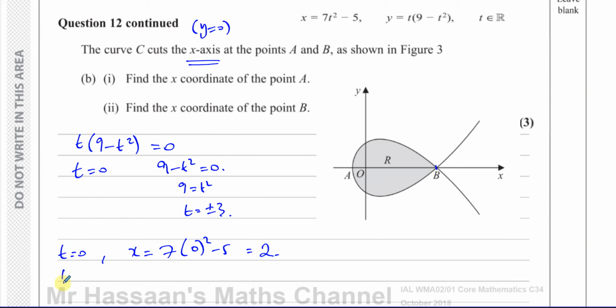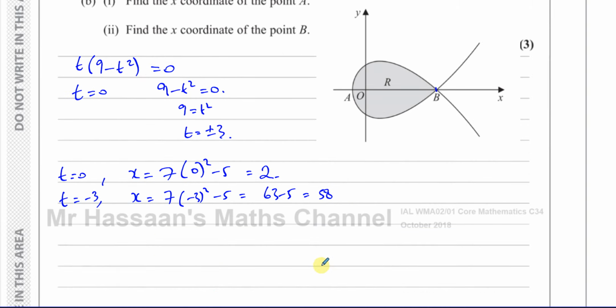When t equals minus 3, x is going to be 7 times minus 3 squared minus 5, which is 7 times 9, which is 63, minus 5, which is 58.